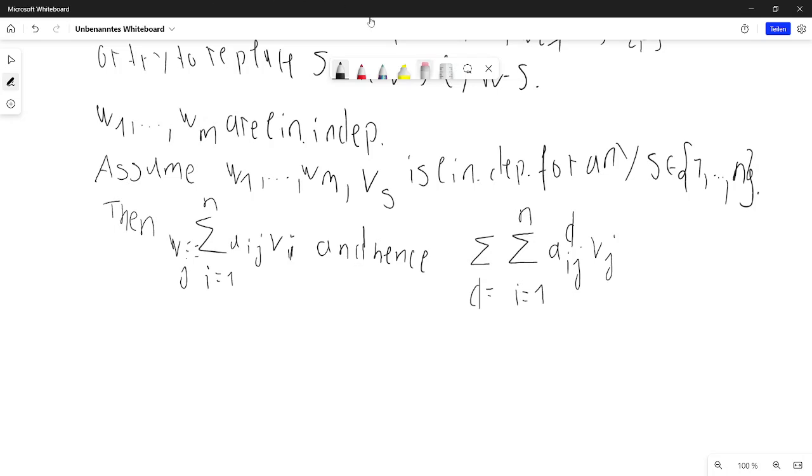Why do we need additional stuff? We just want to go through all of them, right? So we need the same sum, and this is of course i. This is j, and j goes from 1 to n.